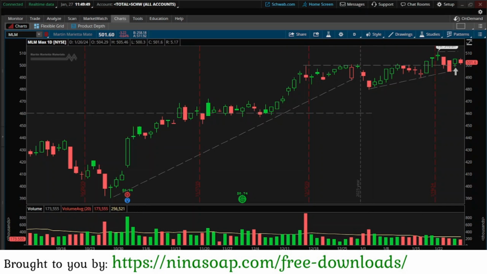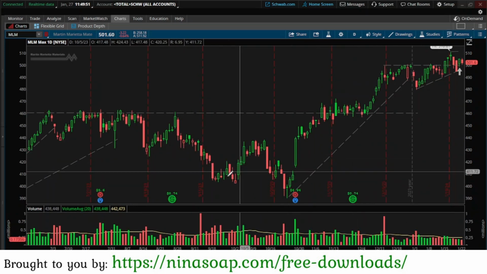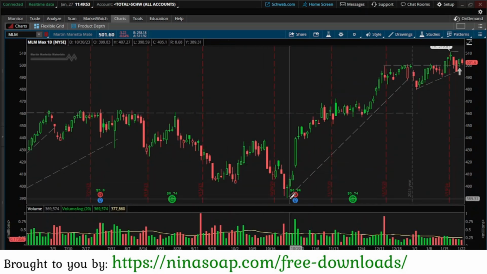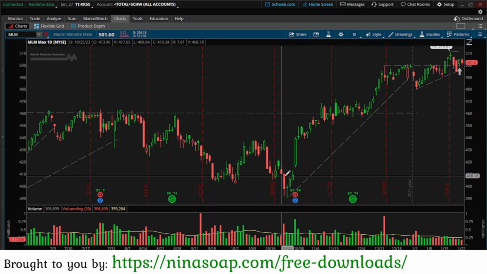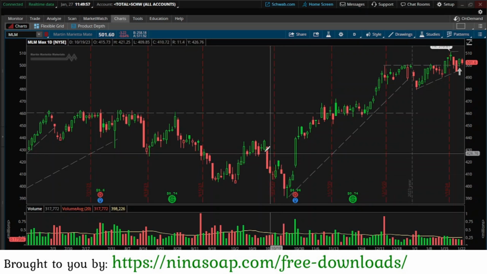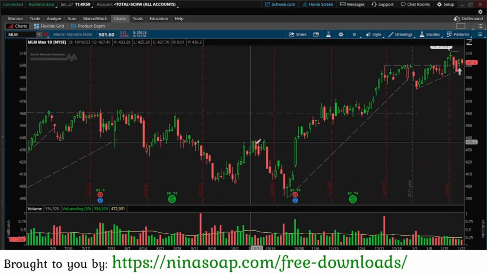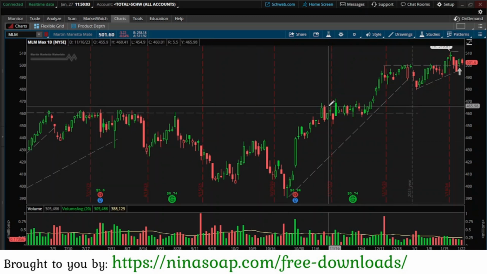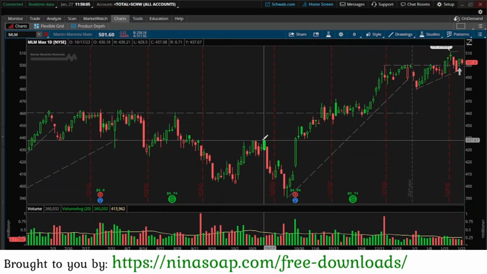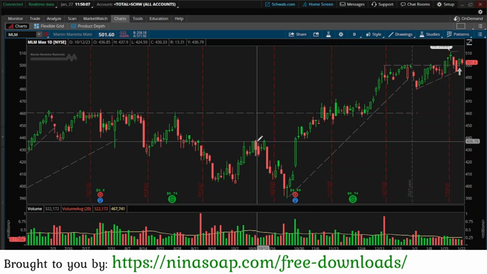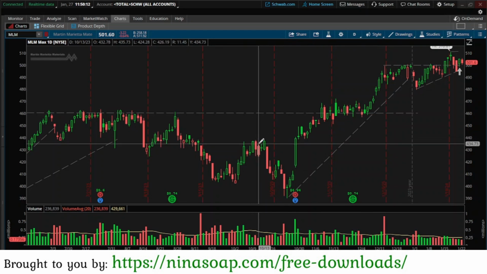If I zoom in a little bit smaller, you can see it went down, and this high is lower than these highs, which means it was in a downtrend. Now it started going up, and you can see clearly that it surpassed this peak here.